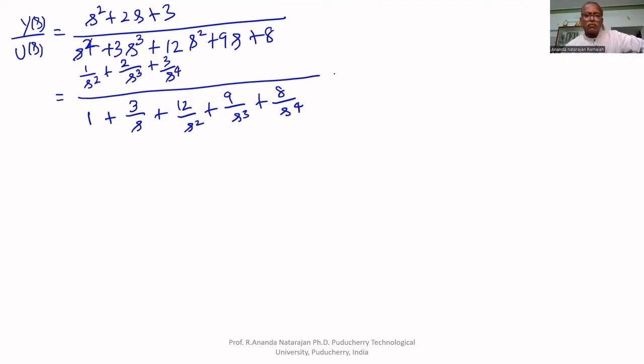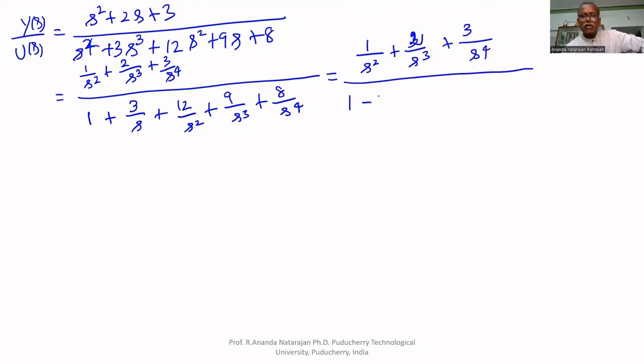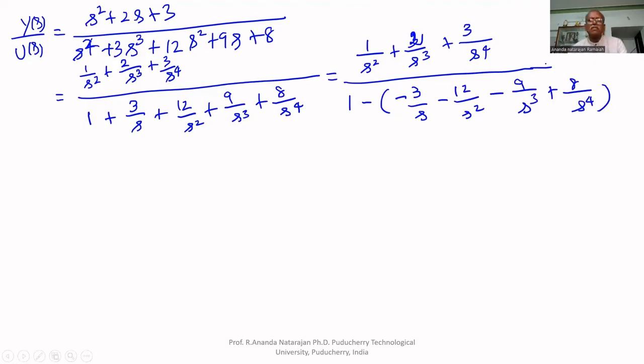This can also be written as 1 by s square plus 2 by s cube plus 3 by s power 4, whole divided by 1 minus minus 3 by s minus 12 by s square minus 9 by s cube minus 8 by s power 4. This is identical to Mason's gain formula.